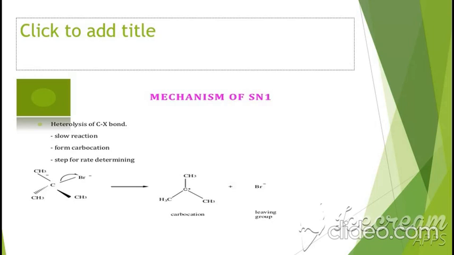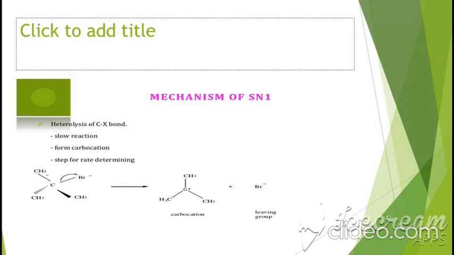But in SN1, the rate of the reaction depends only on the first step, where the only reactant is the tertiary alkyl halide. Third, stereochemistry: in SN2, 100% inversion of configuration takes place, but in SN1, 50% inversion and 50% retention of configuration take place.